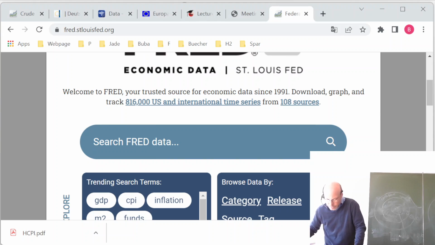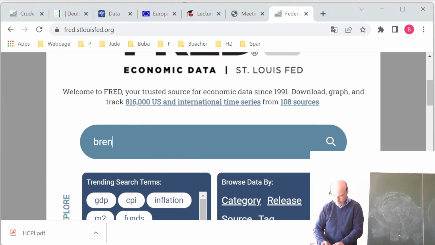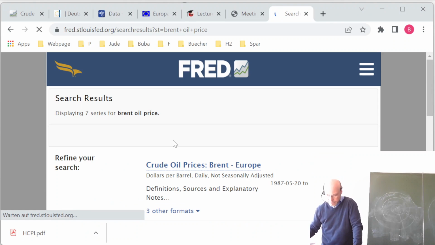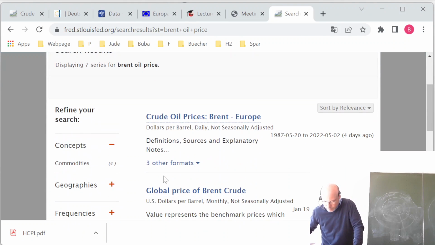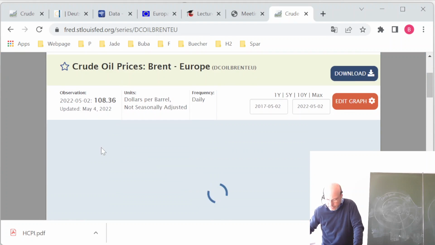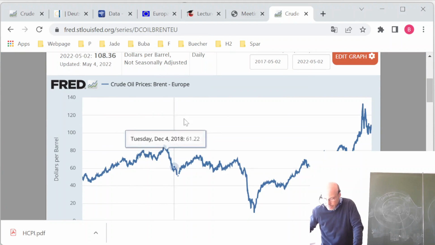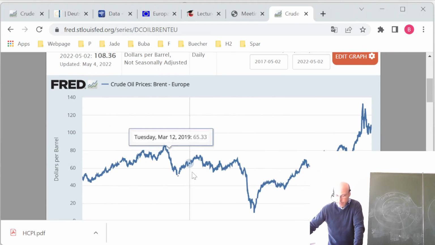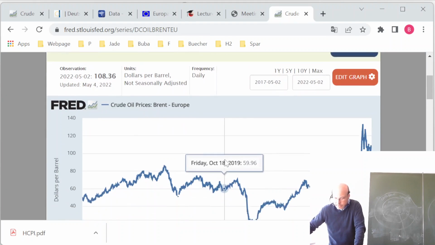We just go in here, Brent oil price, crude oil price Brent, and here you see for Europe, and we click on this, and here we are. So this is the oil price.